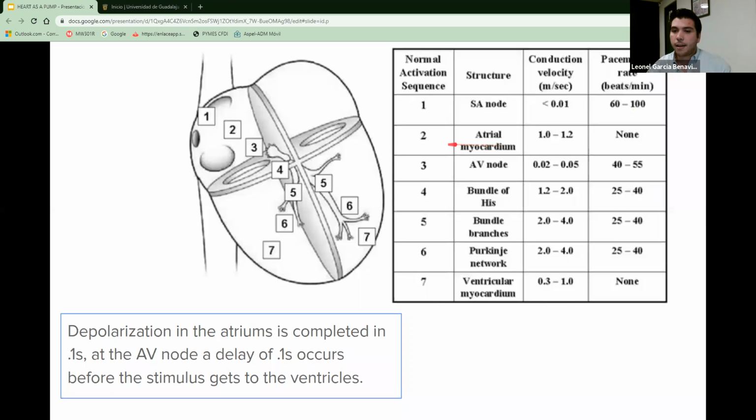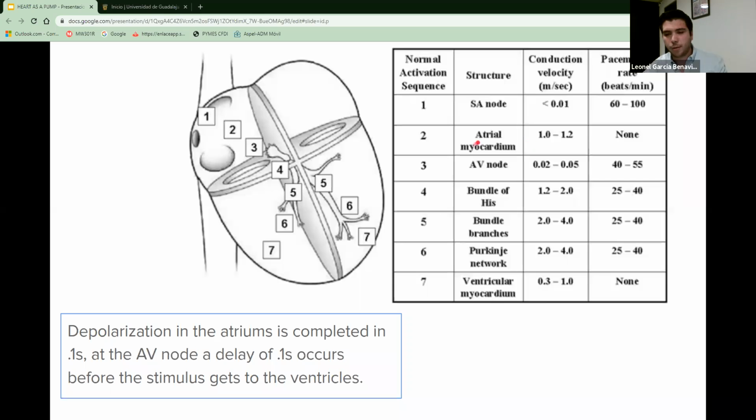As we said, atrial myocardium is not part of the specialized conduction system, so it doesn't have a pacemaker rhythm, but it does have a velocity because the syncytium can pass the action potential to other cells.